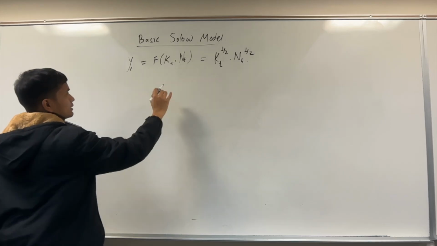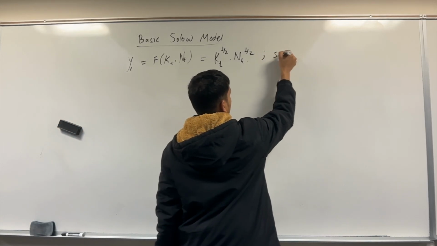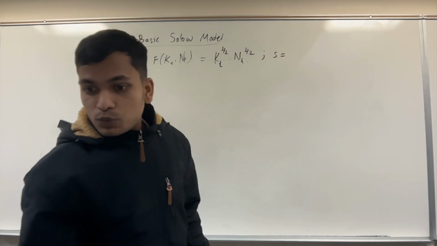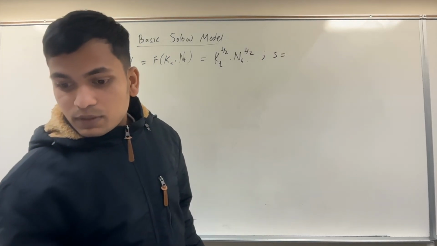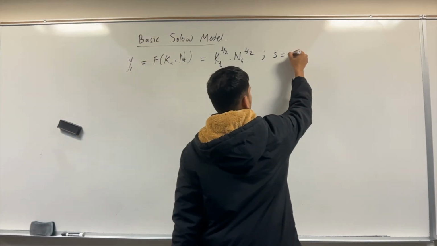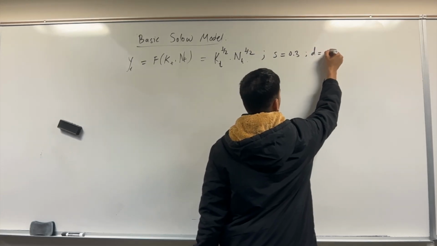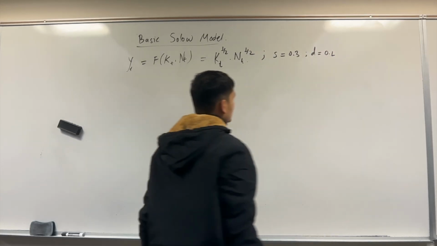And from this, what else is given is the saving rate, which equals 30%, that is 0.3, and the depreciation rate, which equals 10%, which is 0.1.